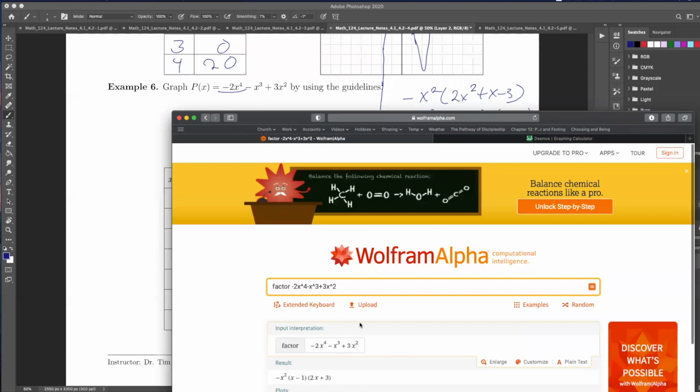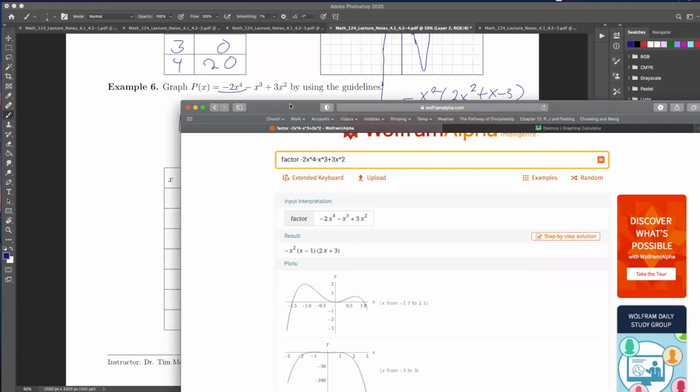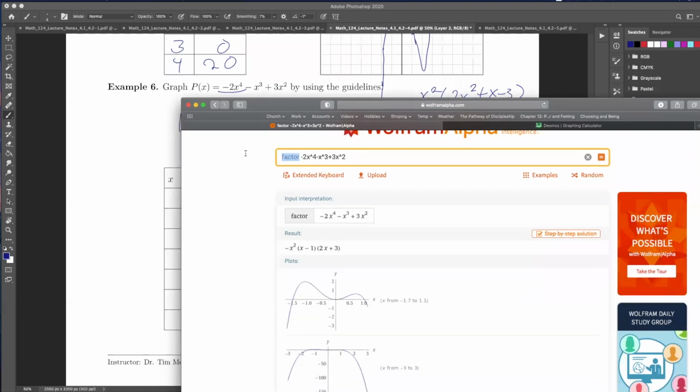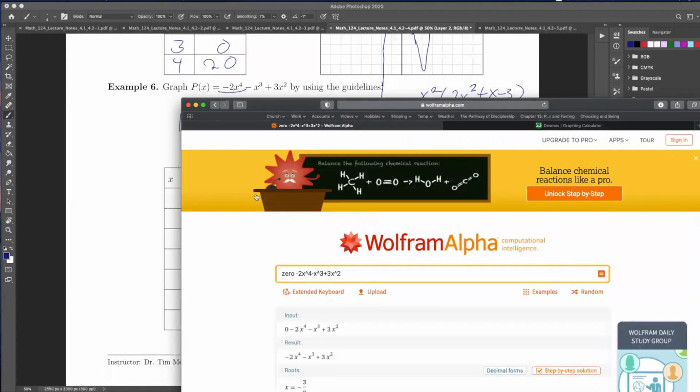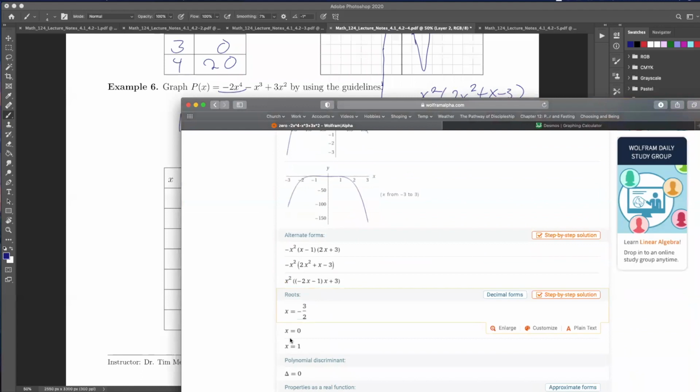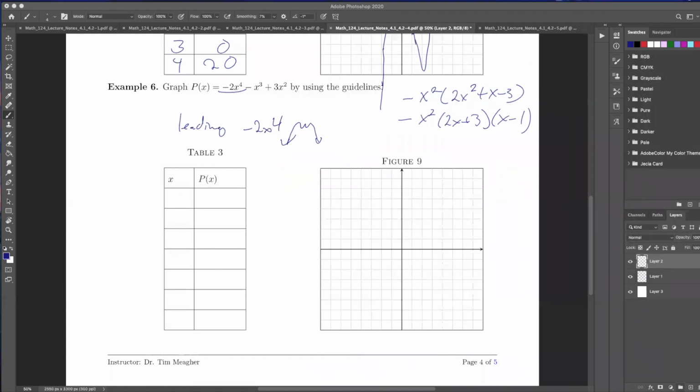And notice here, this will give us our zeros. You can also type in zeros, and it'll give you the zeros. Here we'll get the zeros of 0, 1, and minus 3 over 2. And that's the same zeros we got here.